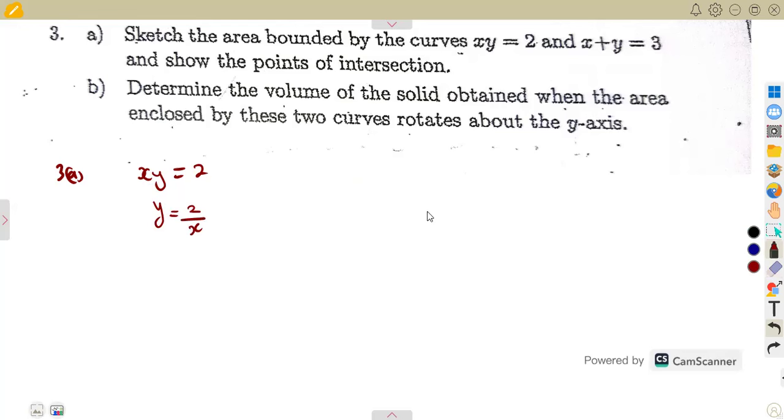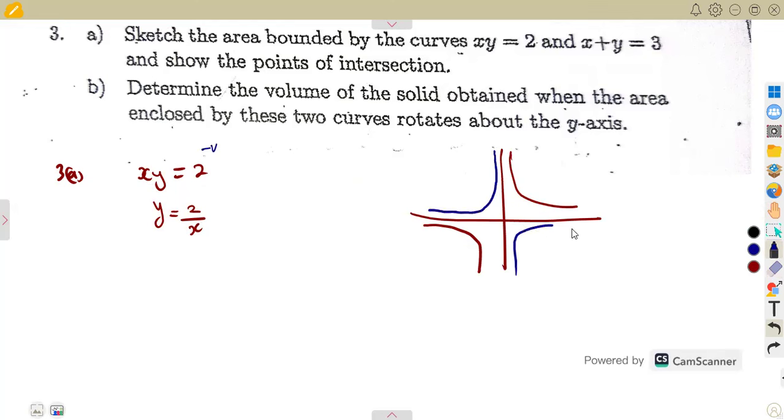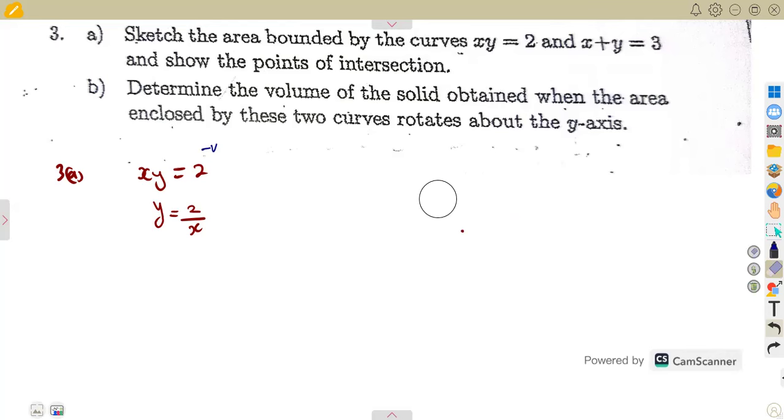Remember, a hyperbola, if a is positive, takes a shape in the first quadrant and in the third quadrant. If a is negative, it takes a shape in the second quadrant and another shape in the fourth quadrant. That's how you sketch a hyperbola.